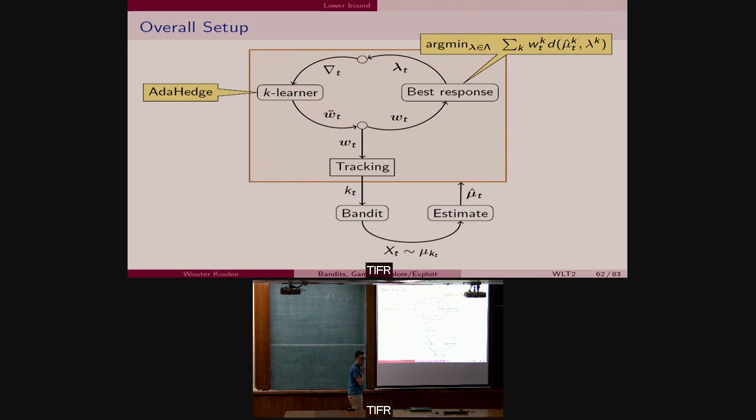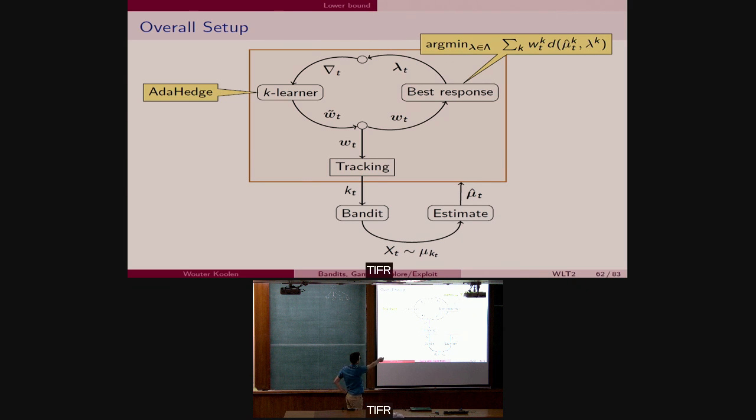Okay, so what's the overall structure going to look like? Very similar as before, except the learner here will now work on the regret proportion level and not on the count proportion level.